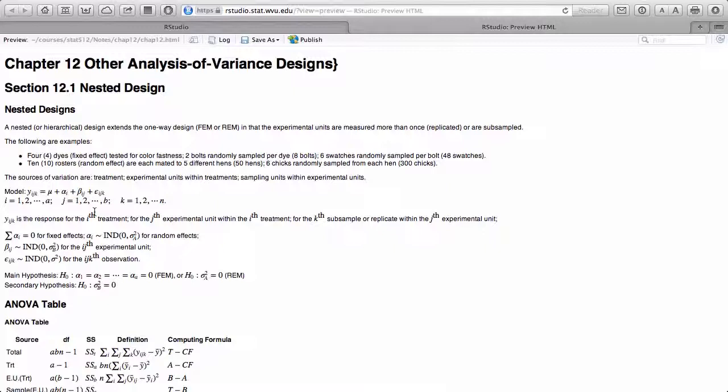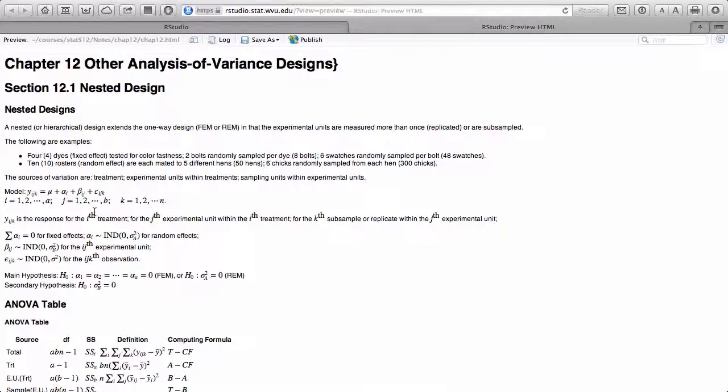Now there are certain situations, and the book gives a number of examples, where this could be true. By the way, the alpha could be either fixed or random. So we're assuming that the alpha could be fixed or random, but both the beta and the epsilon are going to be random. So we have two random effects here, the beta and the epsilons.